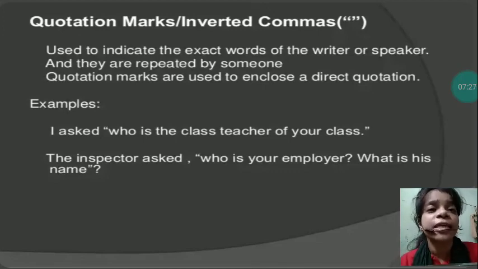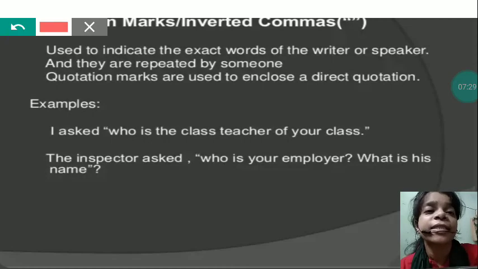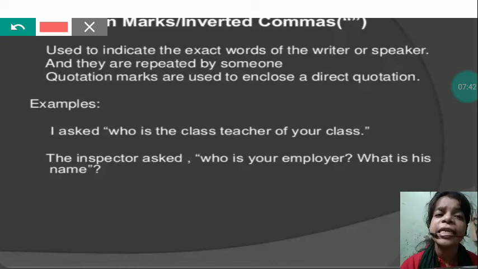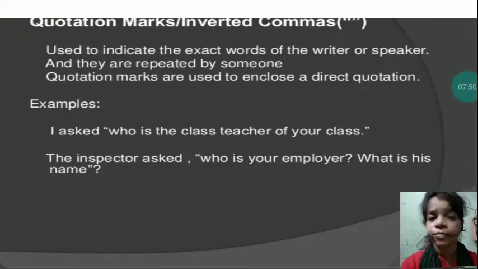Here the speaker is mentioning the exact words which were said, and you can say that it is written in direct speech. Whenever something is written in direct speech, it is introduced and ended using inverted commas. When we have to denote the exact words of the speaker, that means a sentence of direct speech, then we use inverted commas.